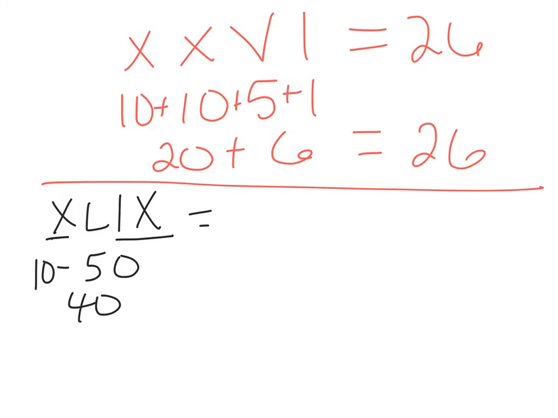It's 1 from 10. X is 10. So that's 9. So we end up with 40 plus 9. So XLIX is 49.